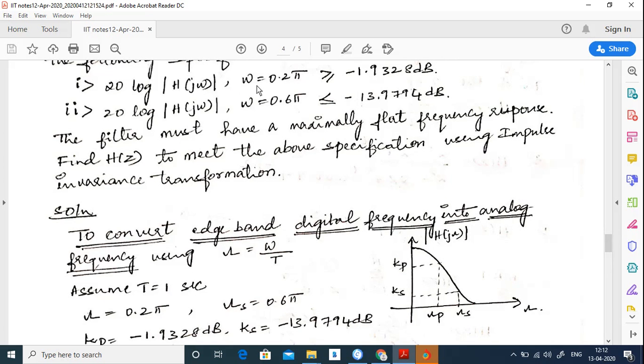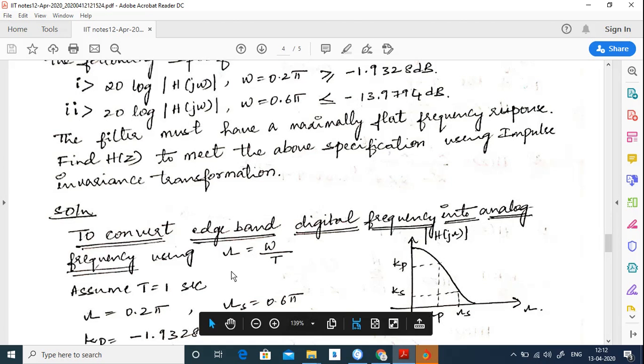But if you observe the formulas which we studied in Butterworth filter design, we need to know analog frequency. So how to convert digital frequency which was given here to analog frequency? That can be achieved with help of this particular formula, that is analog omega is equal to digital omega by T. Now the next question is, have they given us this T?